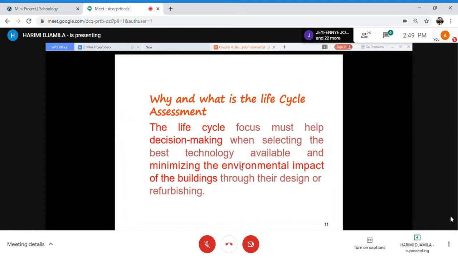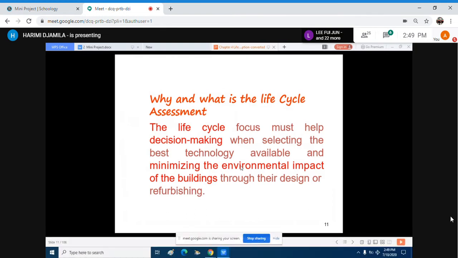Why, and what is the life cycle assessment? So we add a little bit more information, as I mentioned in my first slide that I will add to it. The life cycle focus must help decision making, when selecting the best technology available and minimizing the environmental impact of the building through the design and the refurbishment.